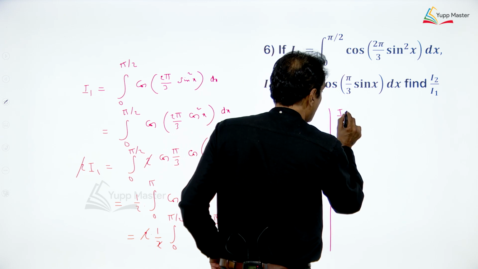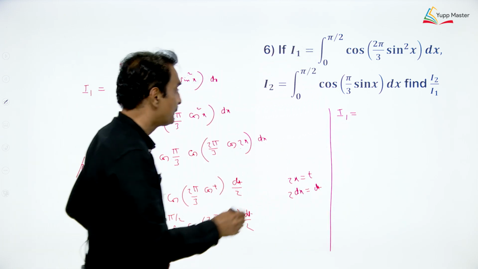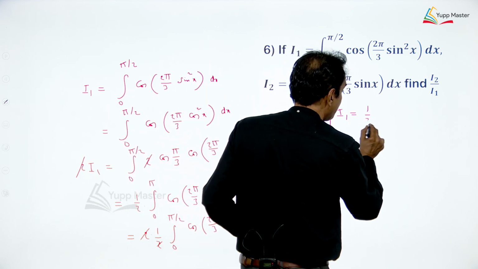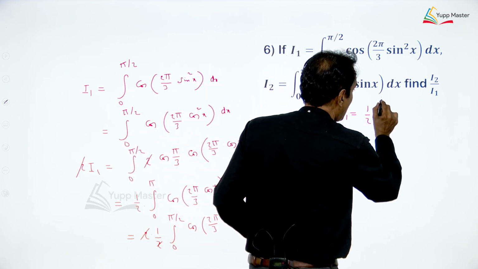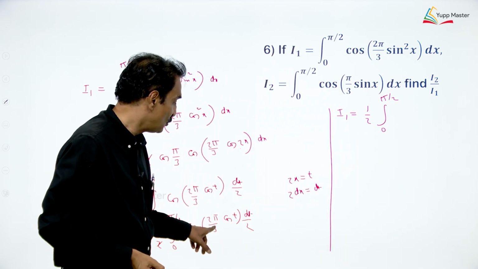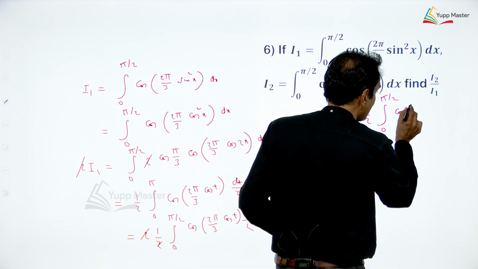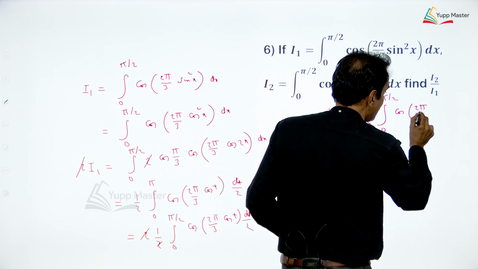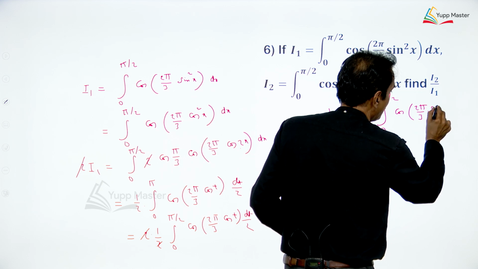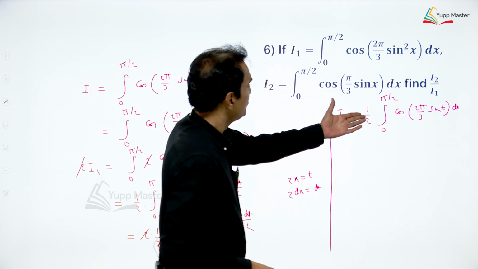So, it becomes I1 is equal to half into integral 0 to pi by 2 cos of 2 pi by 3 into sin t. So, what is this?